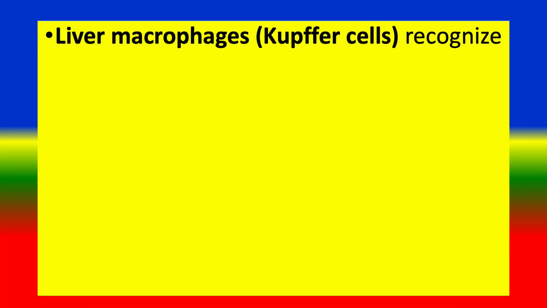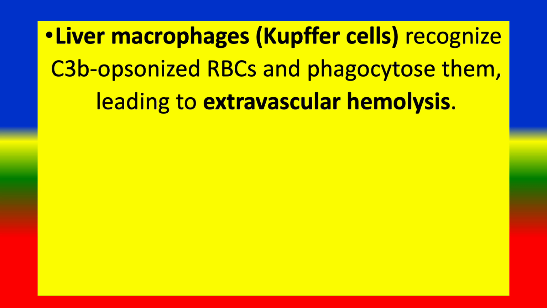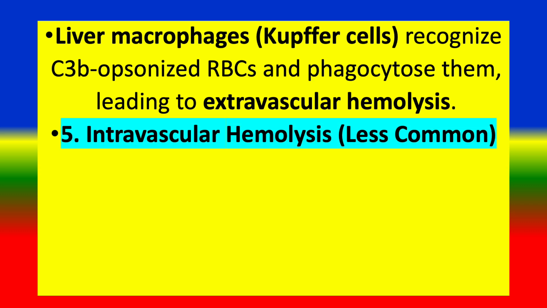Liver macrophages recognize C3b opsonized RBC and phagocytose them, leading to extravascular hemolysis.